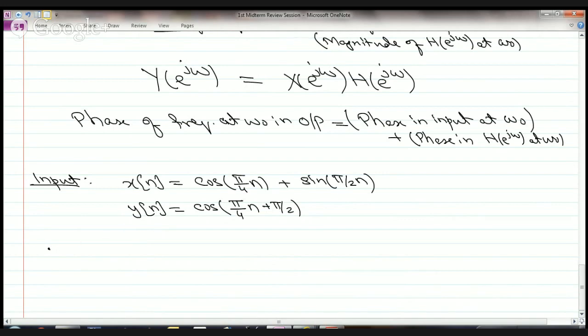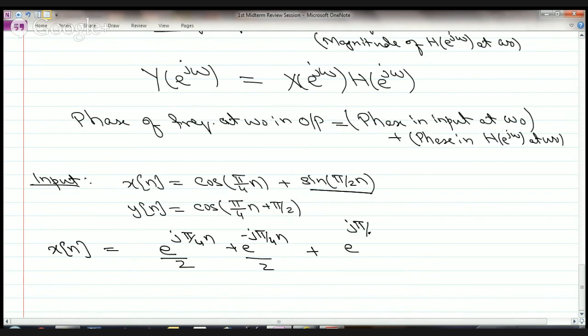So I'll write x[n] using Euler's identity, that is equal to e^{j pi n/4} plus e^{-j pi n/4}, divided by 2, plus, again, use Euler's identity here, I have e^{j pi n/2} minus e^{-j pi n/2}, divided by 2j.